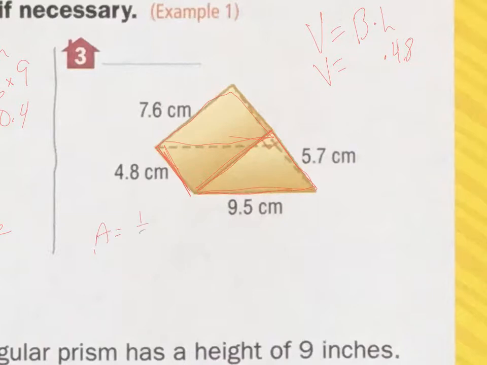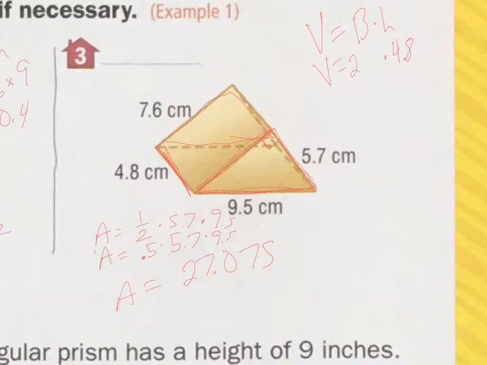Area equals 1/2 times 5.7 times 9.5. Area equals, to make it simple, I'm going to make this 0.5 times 5.7 times 9.5. Okay? 0.5 times 5.7 times 9.5 equals 27.075. That's the area of the triangle, or the area of the base.